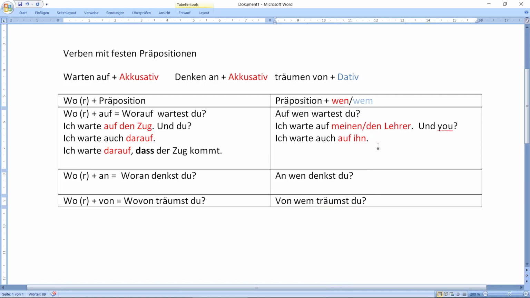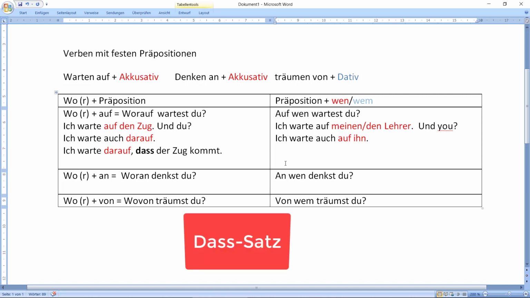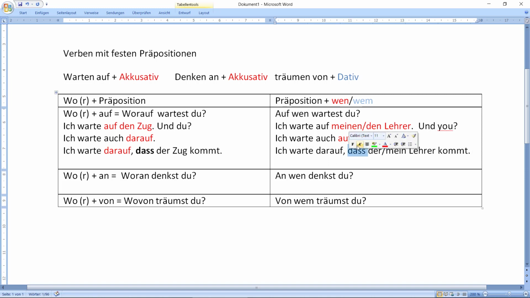You can also take the same sentence with the dass sentence. Ich warte darauf, dass der or mein Lehrer kommt. Again, I am waiting for that the teacher, my teacher comes. So I'm waiting for my teacher or for the teacher.